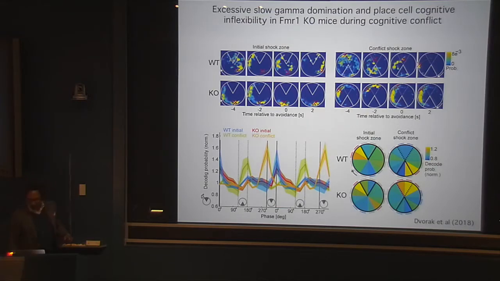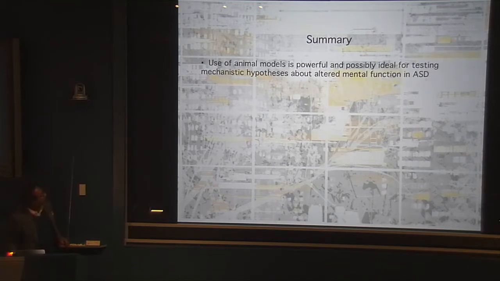I'm hearing all these bells, which tells me I have to finish, which is what I'm going to do. I have a minute. So to summarize, I hope I've convinced those of you who don't care about Fmr1 mice or place cells or oscillations and so on, that using animal models is a really powerful way to test ideas about the human condition, so that you can actually get a mechanistic understanding of this complexity.